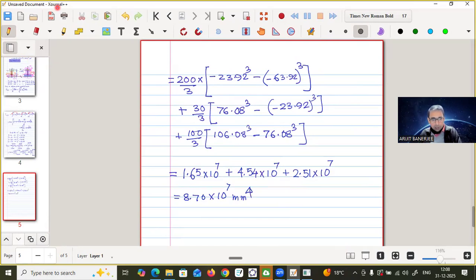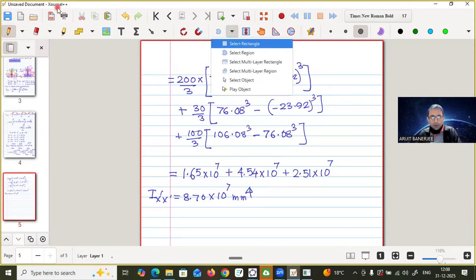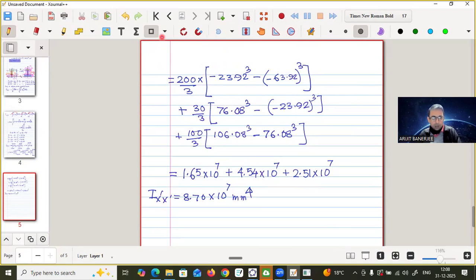So you can see that you can adopt any method, but to me it will be easier, isn't it? Just doing integration, whatever you find easier you can adopt.